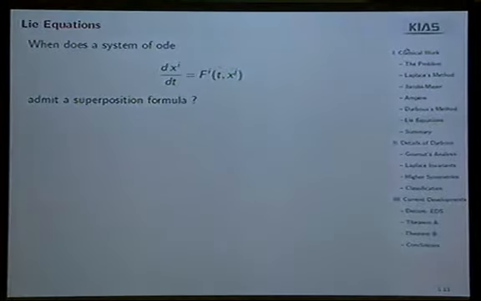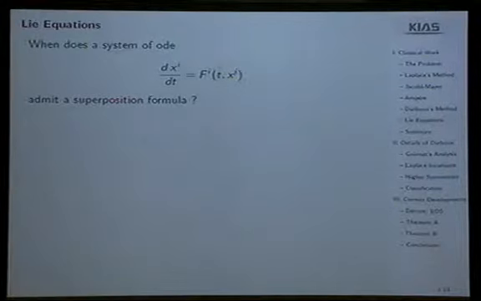And by superposition formula, first think of the linear case, where if you have a linear system of first-order equations for n unknown functions, all our students know that if you write down n solutions, then you can write down the general solution by taking a linear combination of the solutions you found.